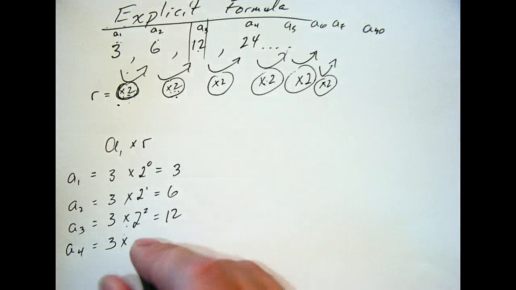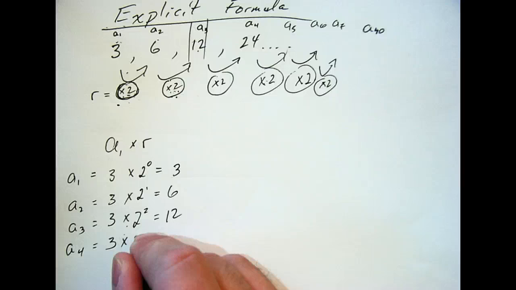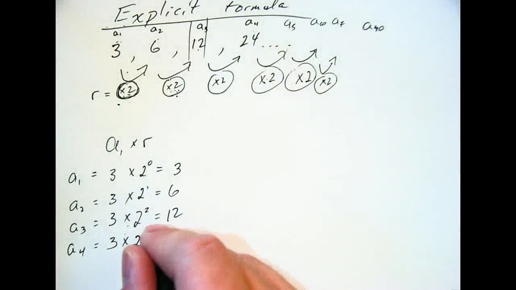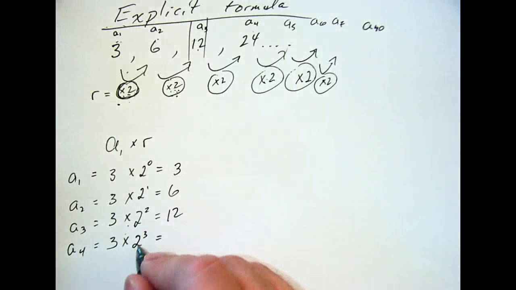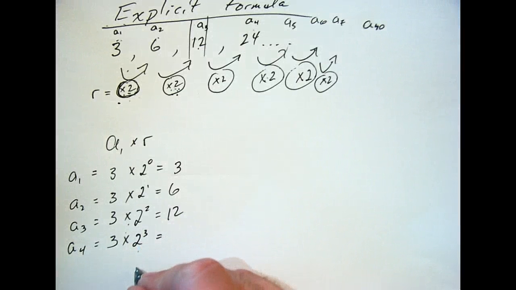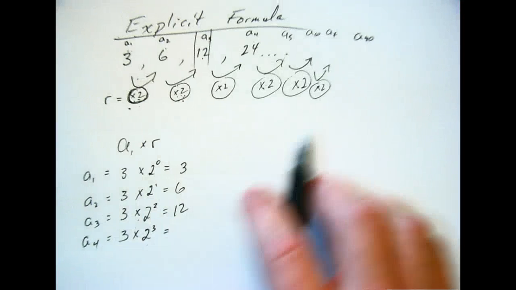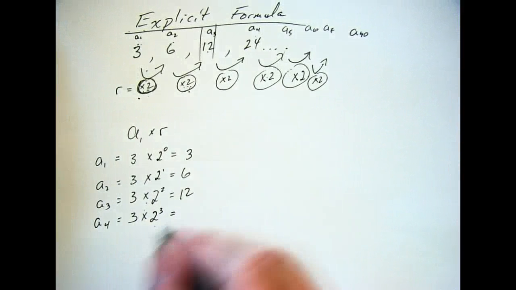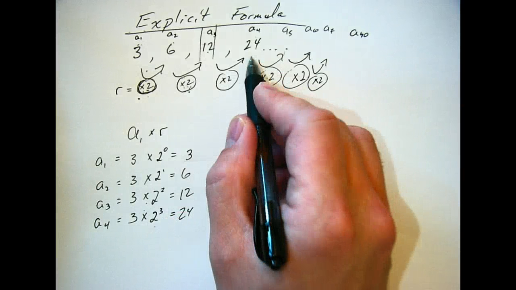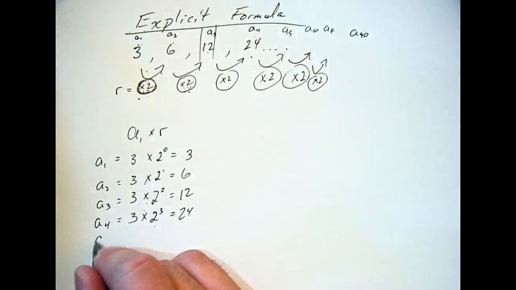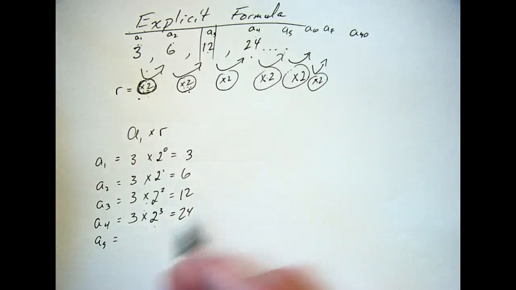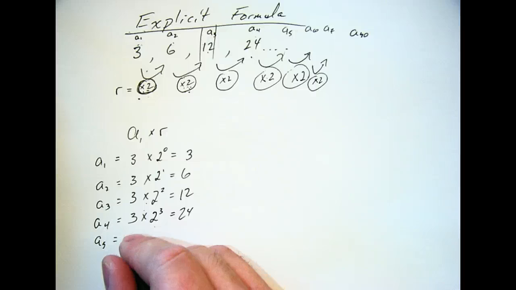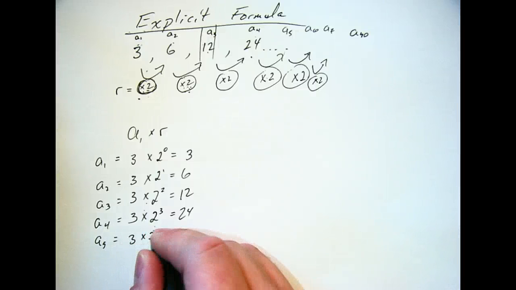How many times am I going to multiply by 2? 3 times. 2 to the third is 8. 8 times 3 is 24. There's our pattern. If I want to get a sub 5, how many times am I going to multiply by 2? 4. Everyone tell your neighbor what's happening in the pattern.